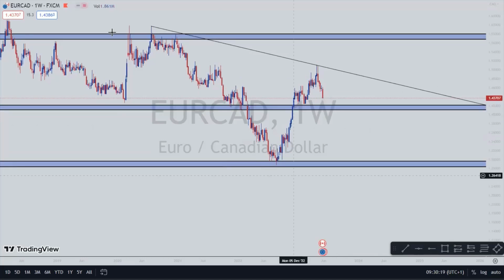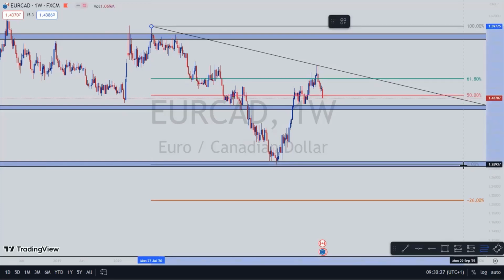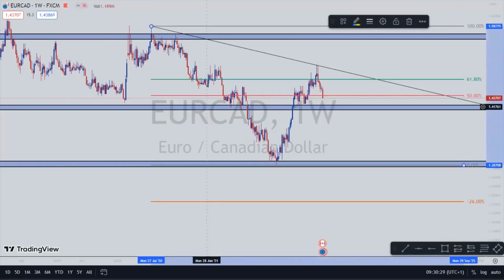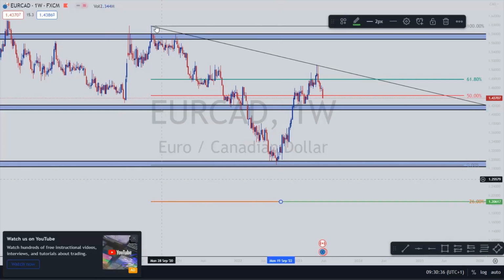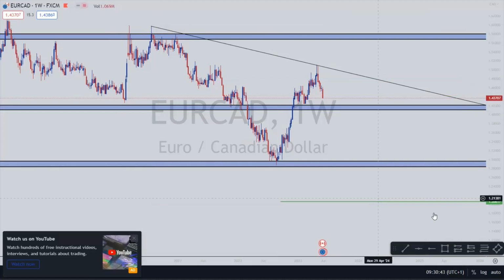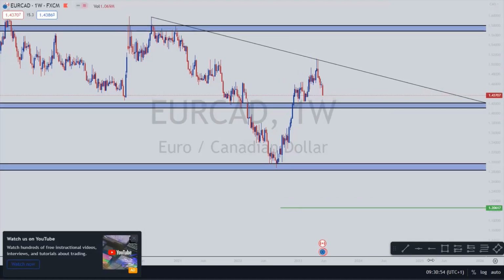Like I said, if you draw Fibonacci from swing high to swing low, because it's a downtrend, let me just highlight this point. So this is probably where we are heading next, around 1.20617. So we are anticipating all this movement down here. Ideally, that's what is going to happen.